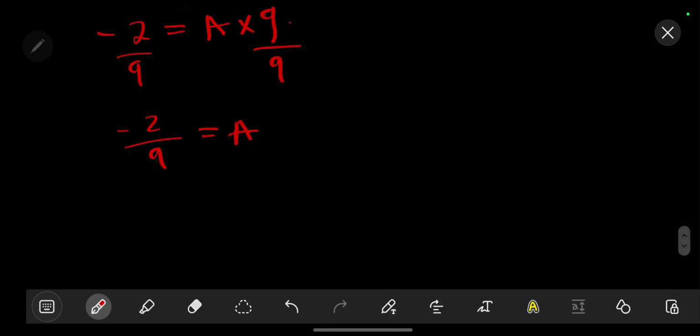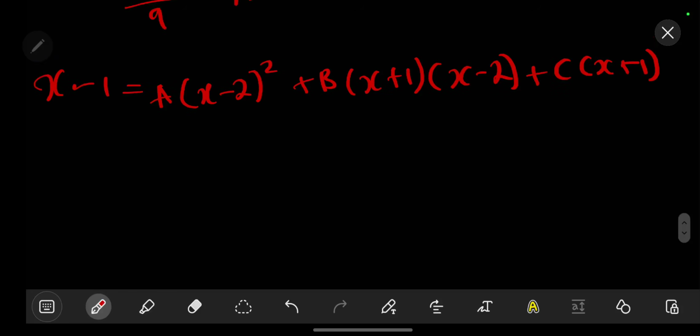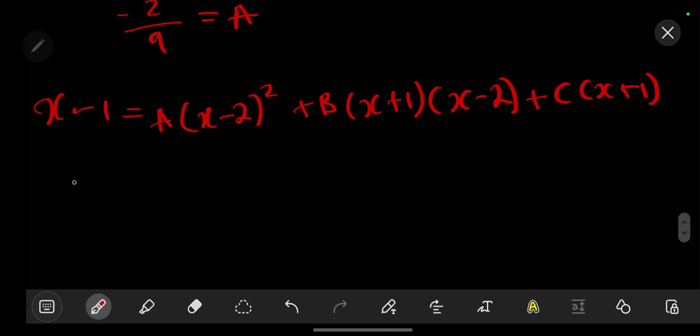Let's finally find our b. So what we are going to do is we are going to say we have our x minus 1 should be equal to, let's expand this, so this is a. Since there is no way for us to eliminate a and c at the same time without eliminating b, so we have our x minus 2, then we have x minus 2, like that.